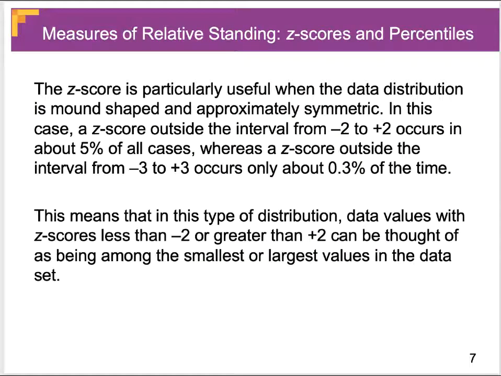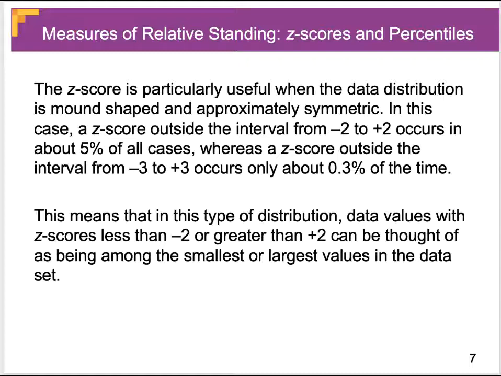Now, a note about z-scores is most of our z-scores from a mound-shaped and approximately symmetric distribution is going to fall within 2 standard deviations of the mean. So your z-scores should be between -2 and 2 for about 95% of the cases. 5% will be beyond that.